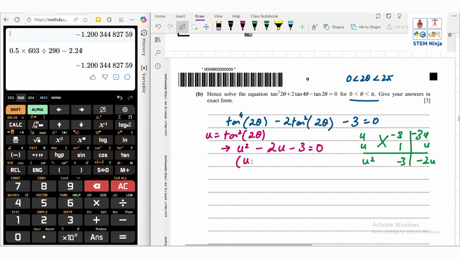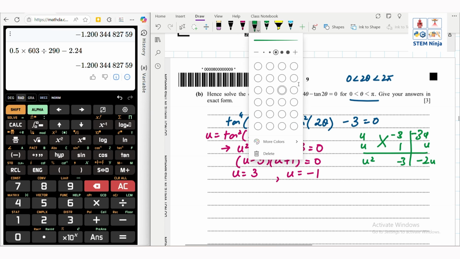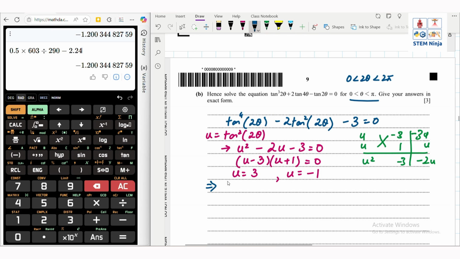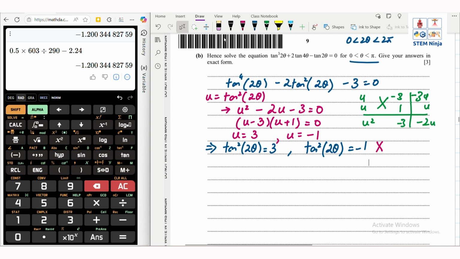So we get u minus 3 times u plus 1 equal to 0. u is either 3 or u is minus 1, which results in tan squared 2 theta either equal to 3 or tan squared 2 theta equal to minus 1. The second one will be discarded because no real solutions can come from the square root of minus 1. However, for this one, when you take the square root, you will get plus and minus square root 3.